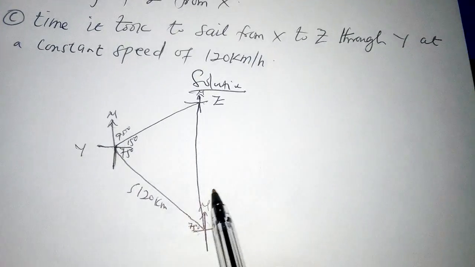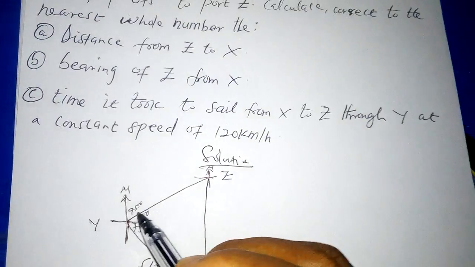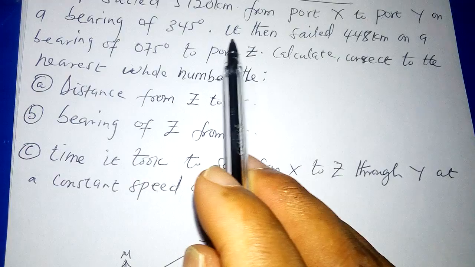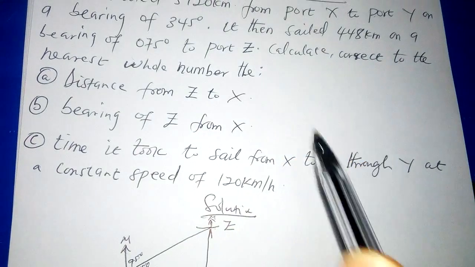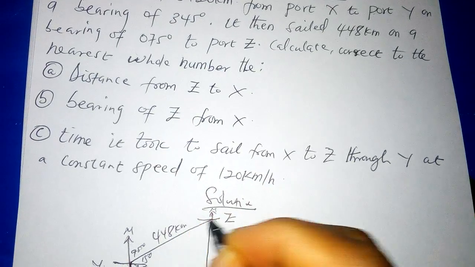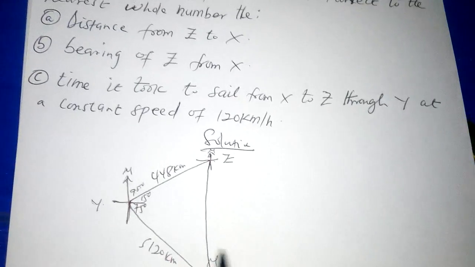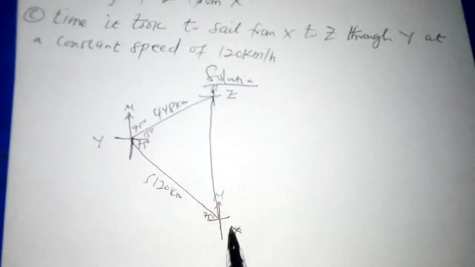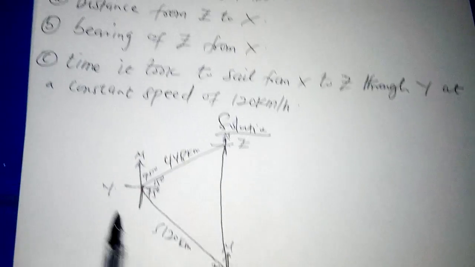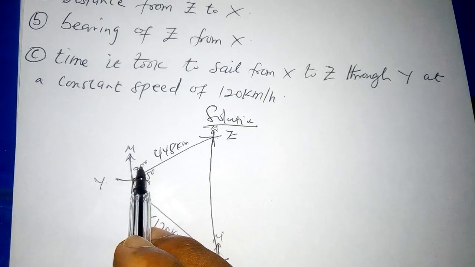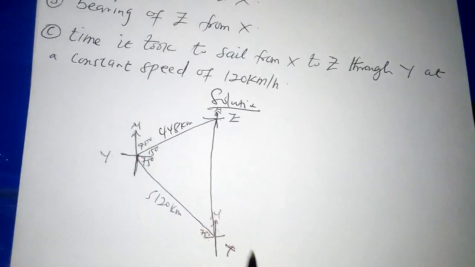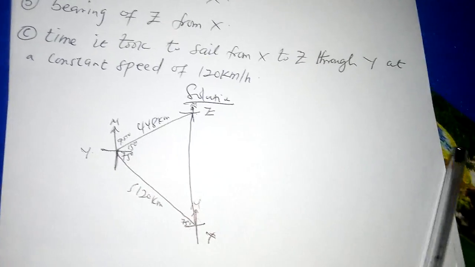So this is the diagram I'm having, but I have to measure the distance from Y to Z, which they say is 448 kilometers. So this is my diagram now: on a bearing of 345 degrees to Y, then on a bearing of 75 to Z. Now I'm using my red pen.